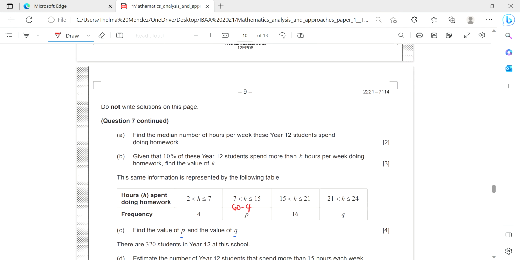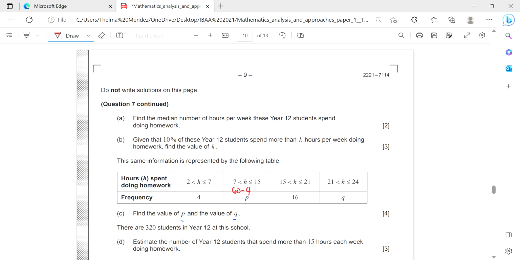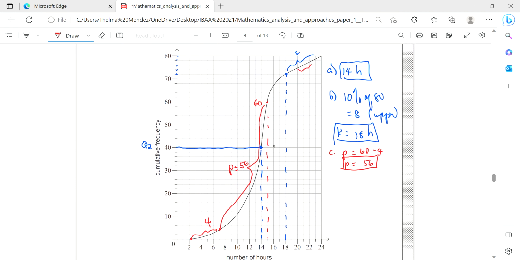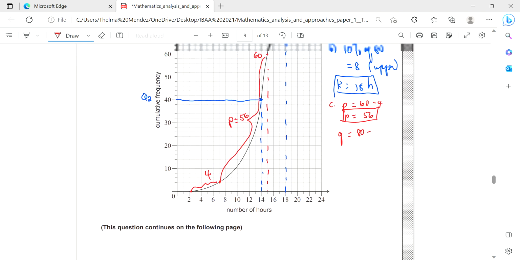And we find Q. Q is from 21 to 24. We actually have here up to this point 60 plus 16, we already have 76. Q can be solved using 80 total minus up to the third group, which is 76.